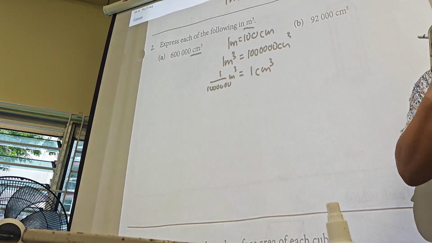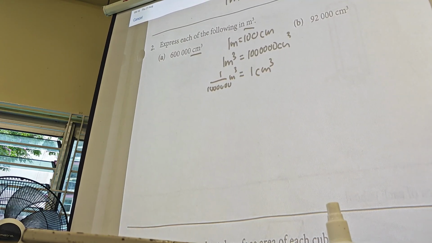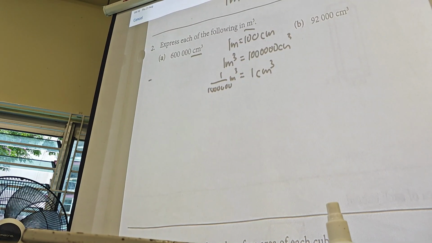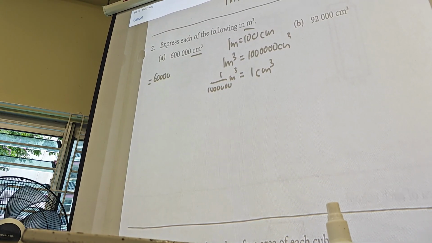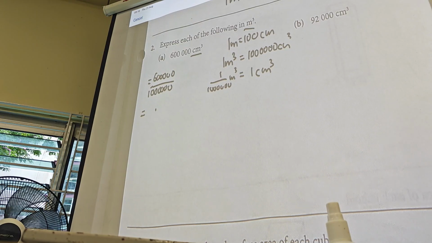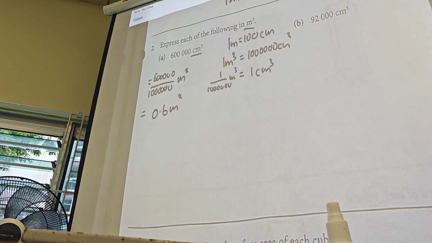After that, I multiply 600,000, or it will be 600,000 divided by 1 million. 0.6 meter cube.